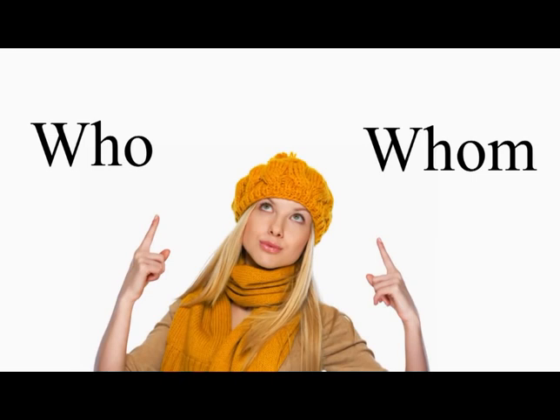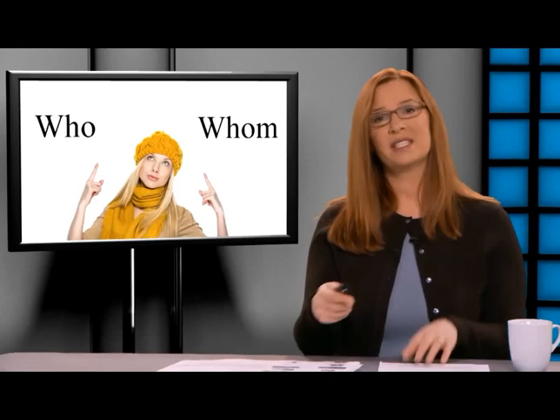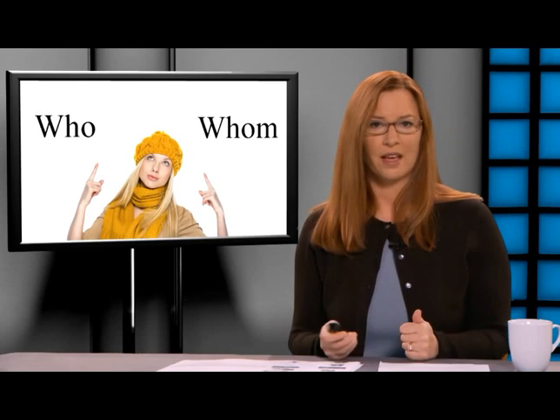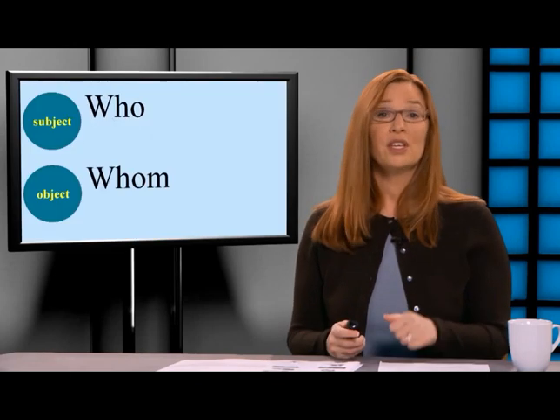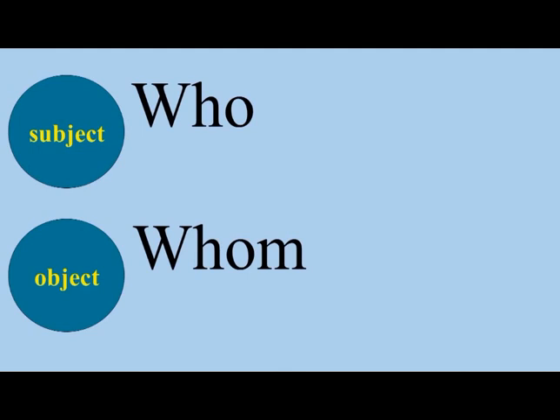So the next set of words, they're not verbs, they're pronouns, who versus whom, but they still have that subject-object thing going on. You use who when you're referring to the subject, and you use whom when you're referring to the object. If you're asking who chewed the ball, who is the subject?